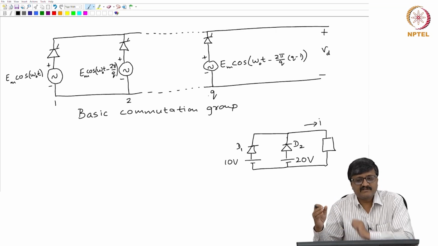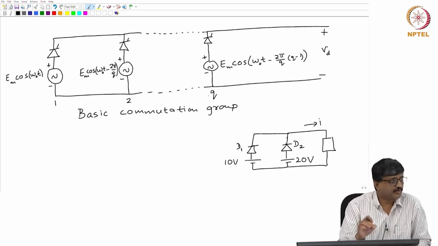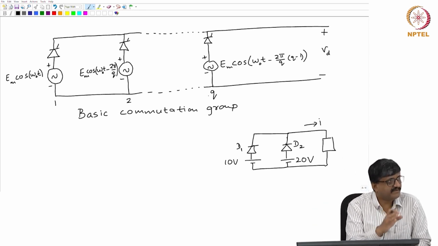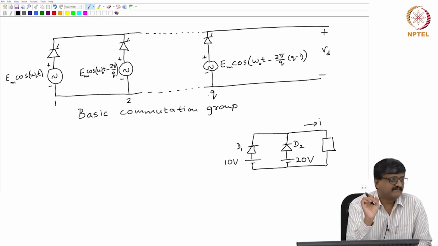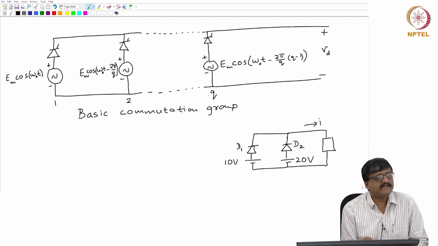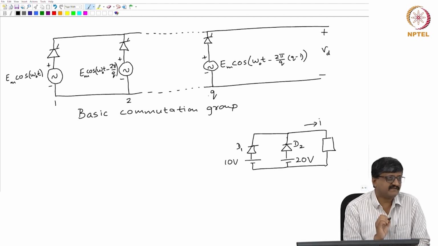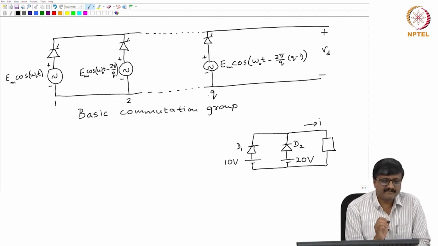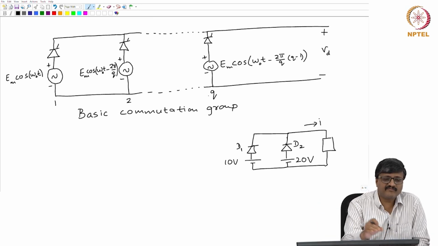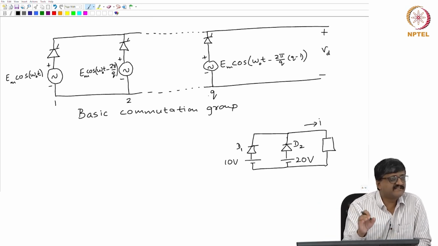The number is equal to Q times the number in series times the number in parallel. Each one has a different phase angle. The phase shift is obtained as 360 degrees divided by the pulse number. The pulse number is nothing but the total number of such voltage sources or thyristors that I have. Okay, that is the idea.